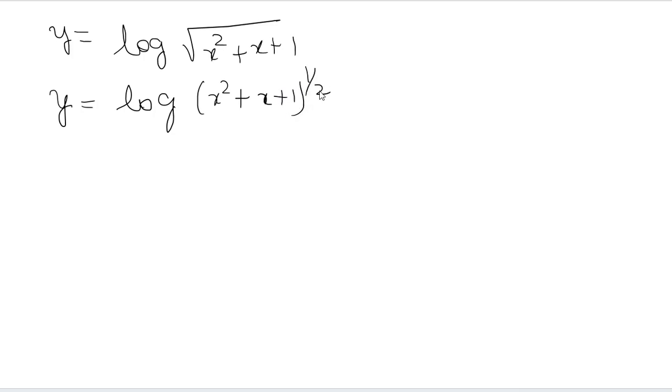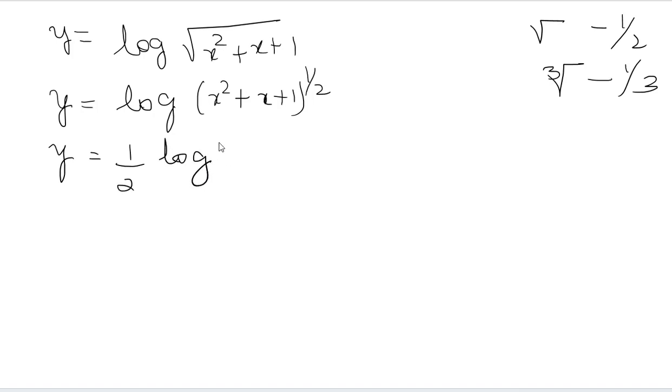That is a natural tendency. Any root gets replaced by half, any cube root gets replaced by 1 by 3. Now whenever we see a number on top of log, we write that number down and we write log of x square plus x plus 1.